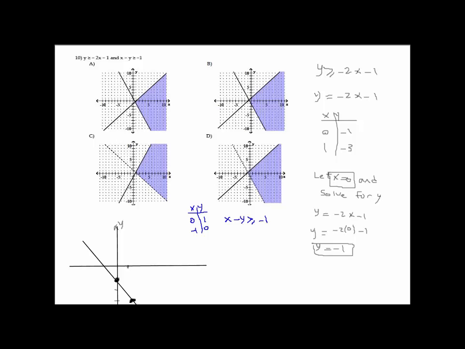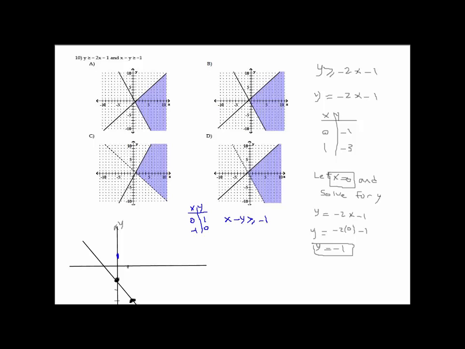Everybody see those points? Question on that so far?